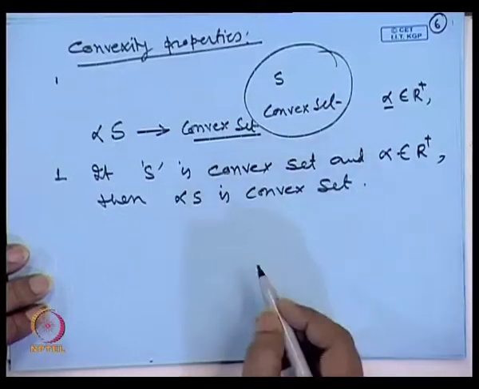Another property: if there are two convex sets, S1 and S2, the intersection of two convex sets is also a convex set, but the union of two convex sets is not a convex set, it is a non-convex set.